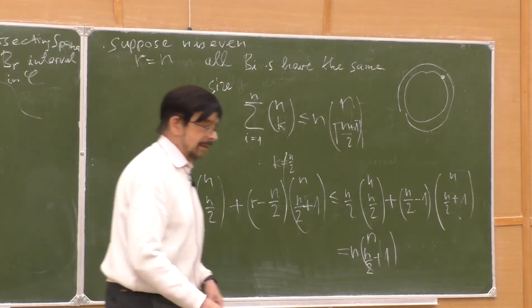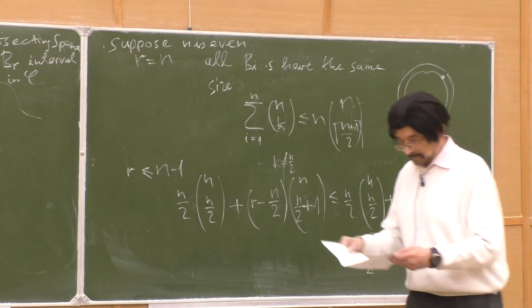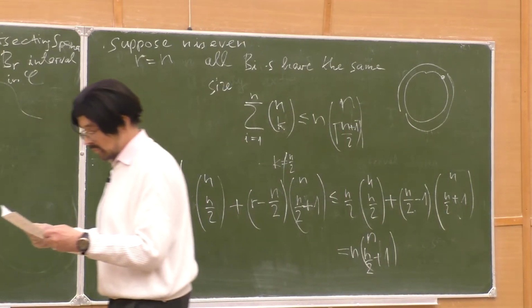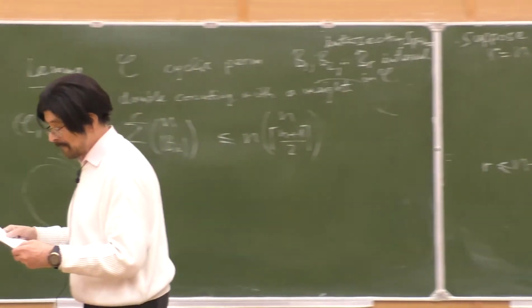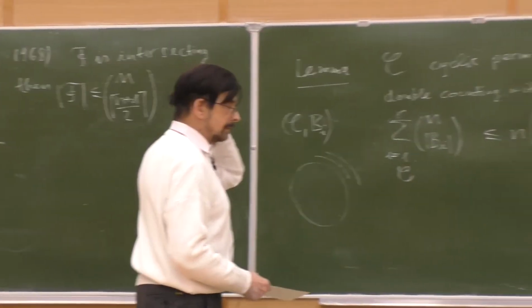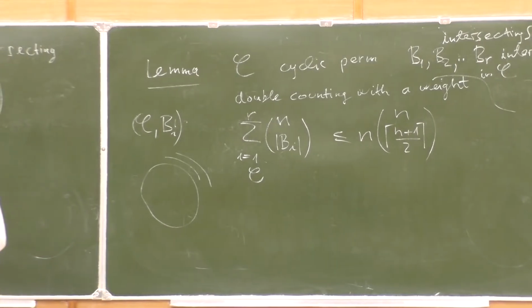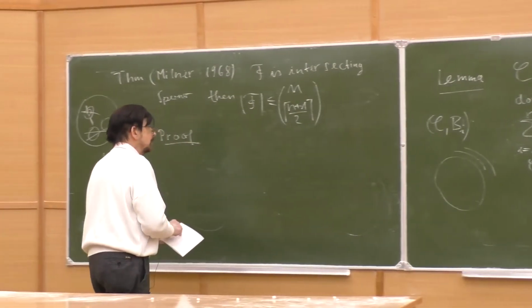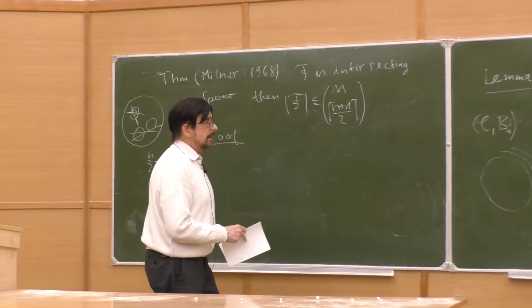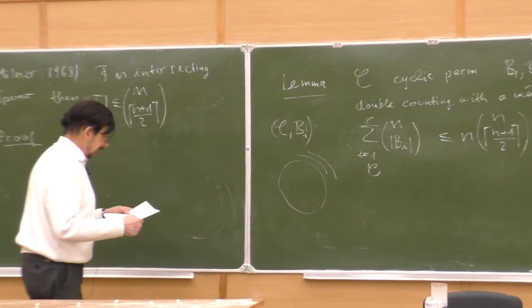It's an elementary calculation that these are equal. So now we proved the lemma, and now we do the double counting really.